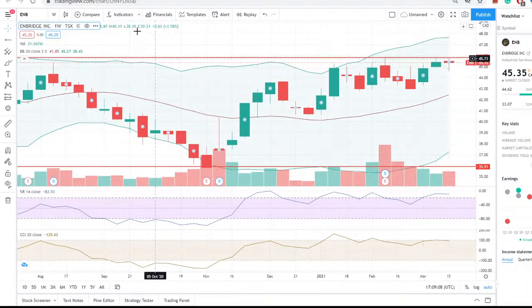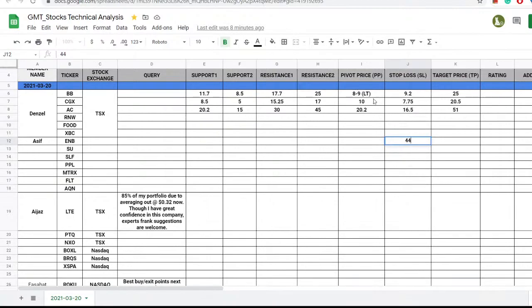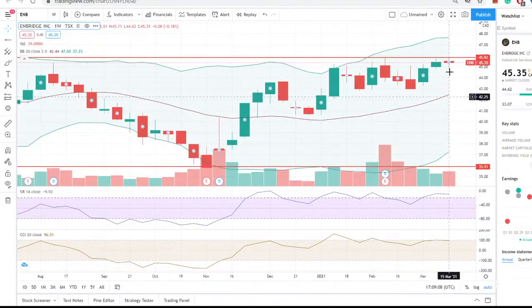So the low, that means you're keeping the weekly low as your stop loss. 44.50 is your weekly low stop loss, and your target is wherever you want, say 56. But you can expect that target in the span of about 2.5 to 3 months. So a 20% return in about 2 to 3 months.